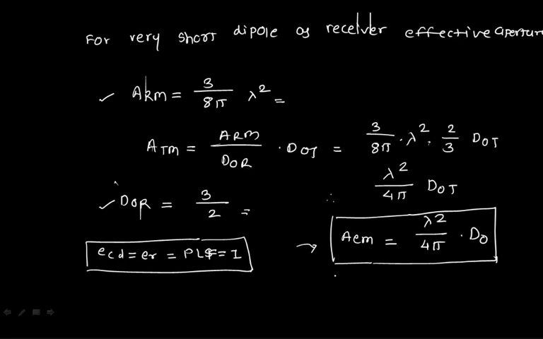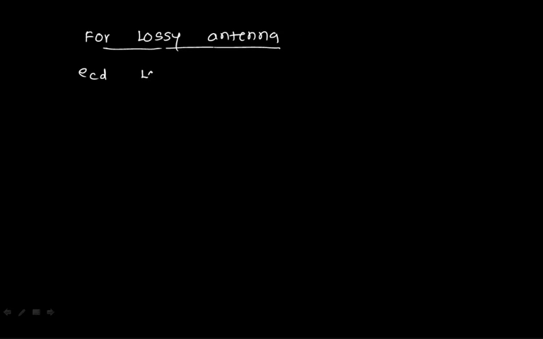Now take another condition where you're considering your antenna to be a lossy antenna. So I'm writing all the things here for a lossy antenna. How are you going to calculate? Now the maximum aperture will get reduced by the antenna loss factor. For a lossy antenna you will have an ECD loss, which is the loss in that antenna.